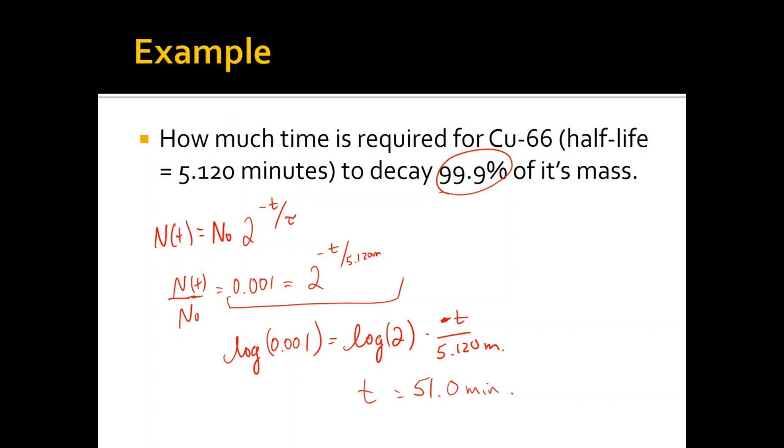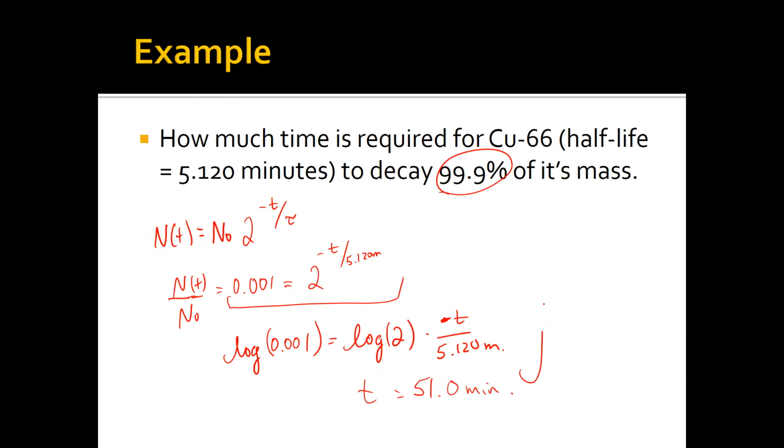Is that correct? Everyone's in agreement. Okay. So you can say that 51.0 minutes have elapsed in order for me to decay 99.9% of this material. You could also refer to this as the number of half-lives that have passed, right?